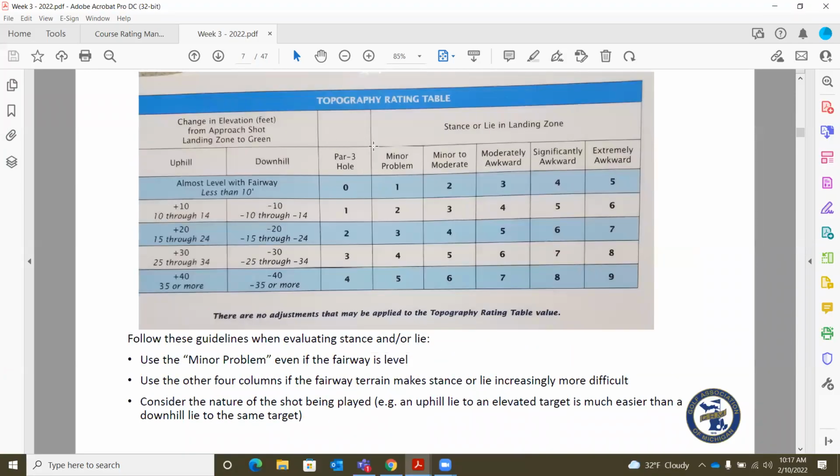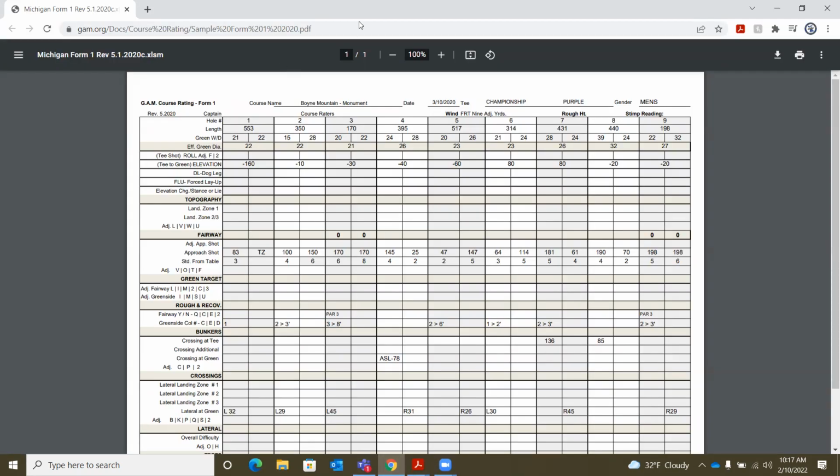And we have a section here for par threes. If it's minus 30, uphill or downhill, doesn't matter in terms of the number that we put on the sheet, but our value is going to be a 3 here. So in our form 1, we'd go back to our form 1 and we'd write under topography here, a 3.